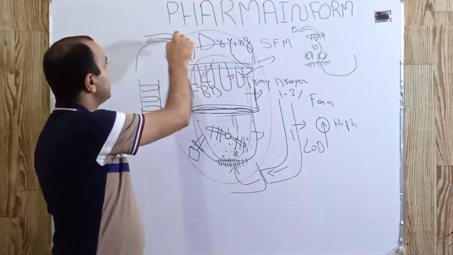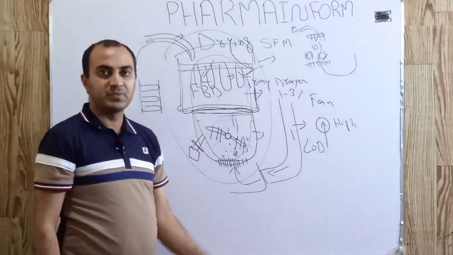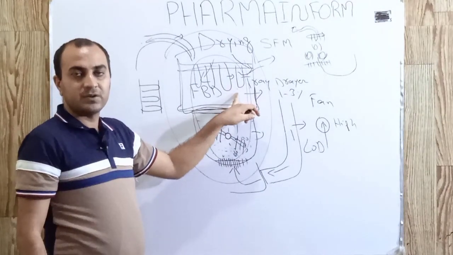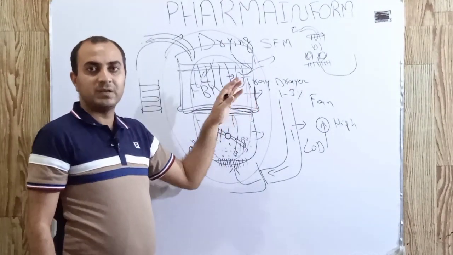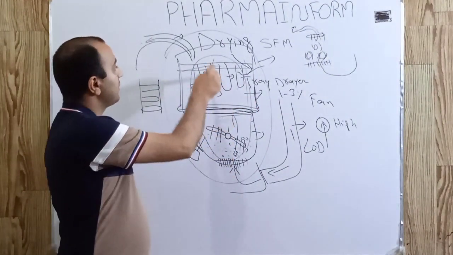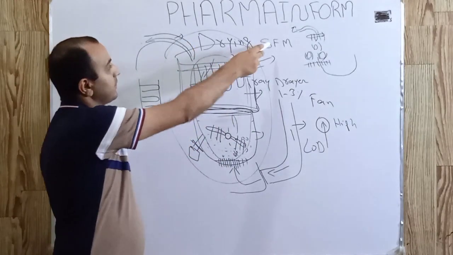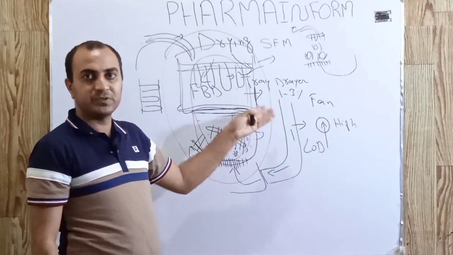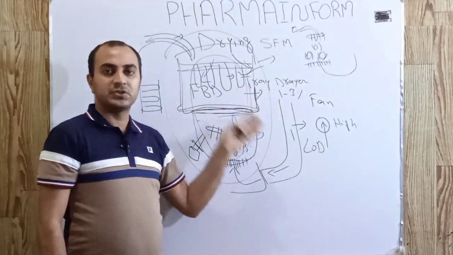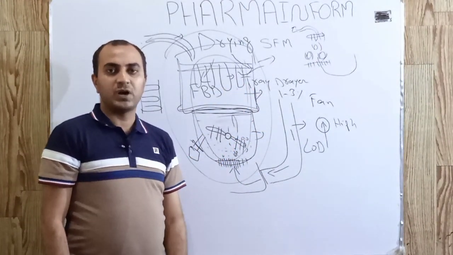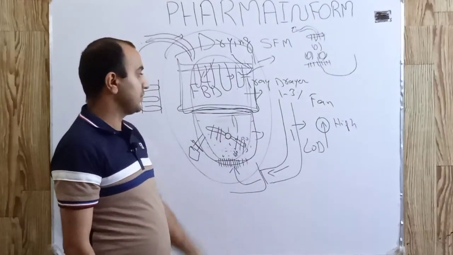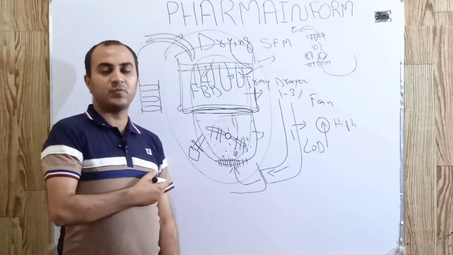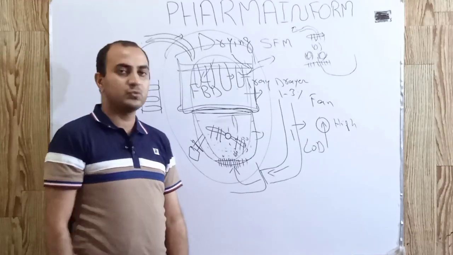It is installed in the return duct, and if there is any rupturing of filter bags and product loss occurs, this instrument senses the product loss and immediately shuts down the dryer, so our product is safe. I hope the drying step of wet granulation is clear to you.